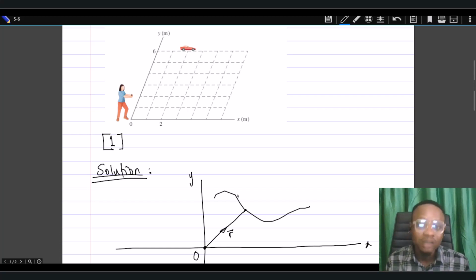Distance is an English word, which just means some length. So distance between one point and another point is simply the length of the straight line that connects those 2 points. That is different from distance traveled by a body in motion. If you want to get distance traveled by a body in motion, it means we will have to follow the path traveled. So it has to be the total length of the path traveled by the body. Okay, so that is clear.